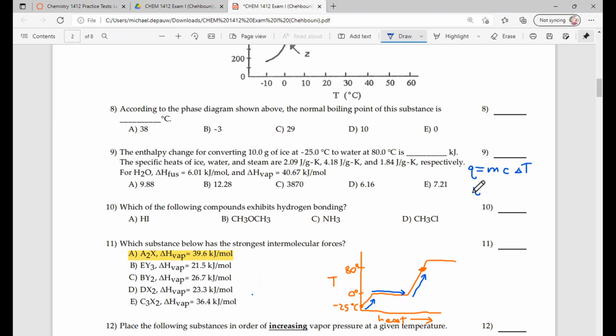And there's also Q is equal to the number of moles times the molar heat of fusion. Or you could say heat of vaporization if you're vaporizing it, but fusion refers to either melting or freezing. Okay, so in this case, we're going to go ahead and calculate this. For the first step, number 1, number 2, number 3.